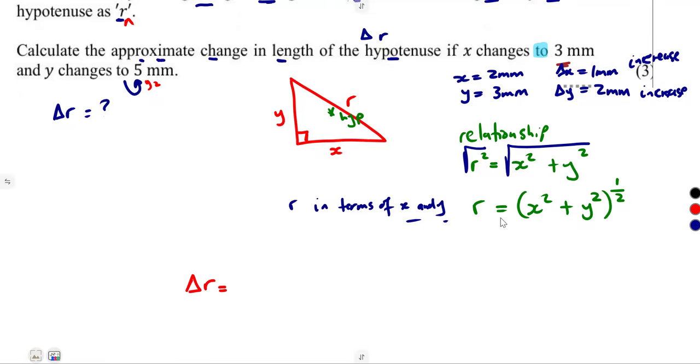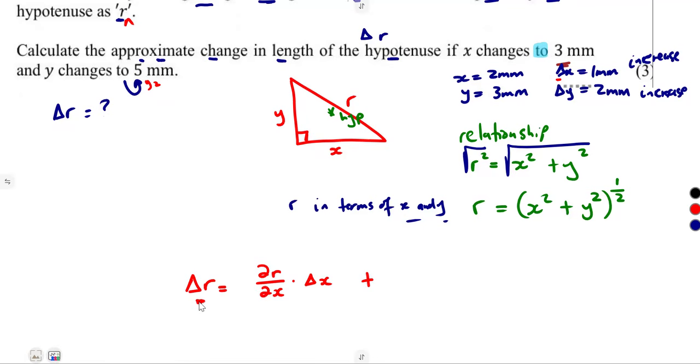Let us start with R and X, meaning we have the derivative of R with respect to X. This is supposed to be multiplied by the change that happened for X. Remember, here there's a change in X, so we multiply by the change in X. Plus, we do the same.